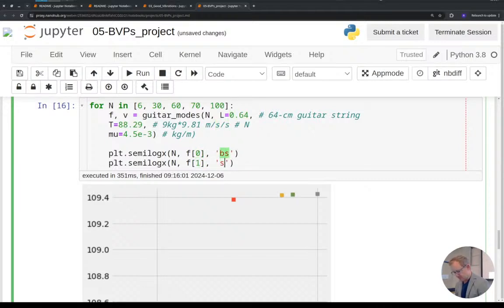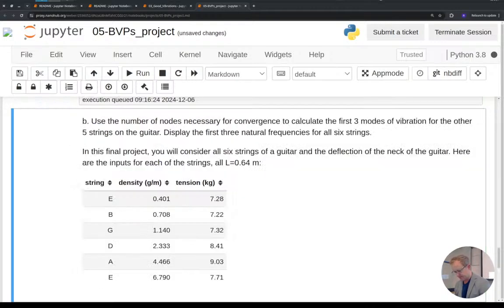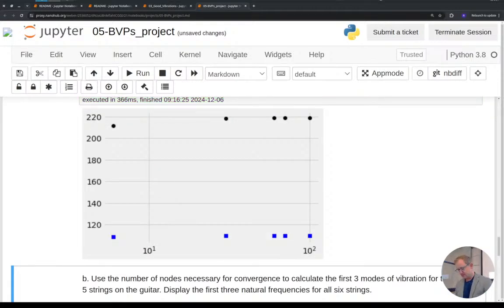We'll do blue squares and black circles. And then we can see mode 1, mode 2, where those modes are as they're changing.